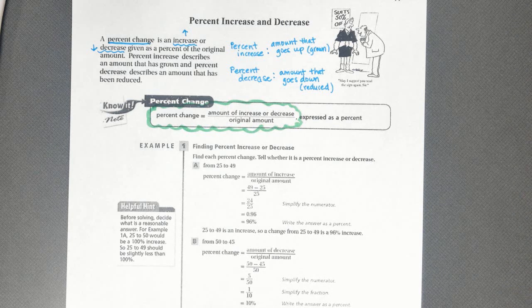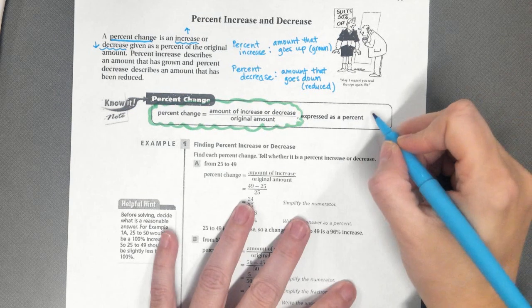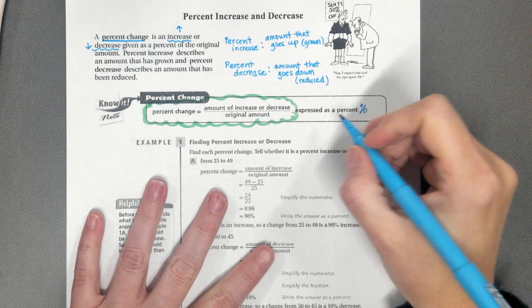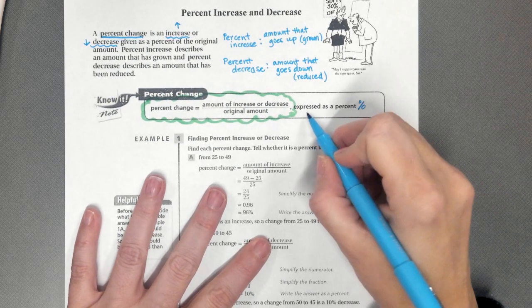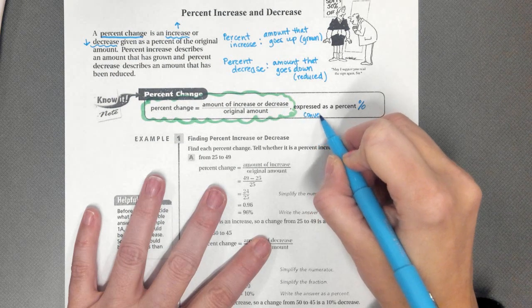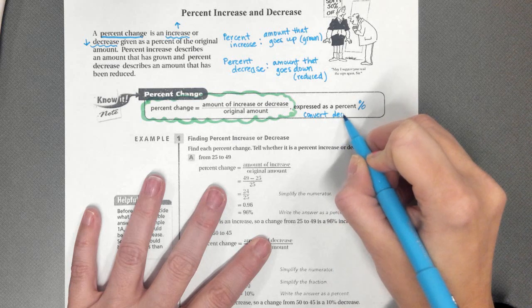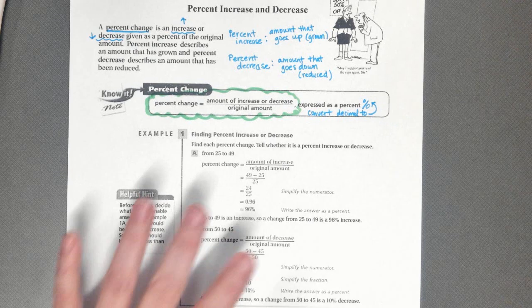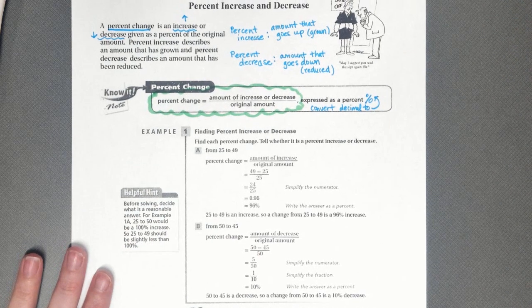And then we're going to express it as a percent. So what that means is you're going to have to convert decimal to percent. That's what that means. Okay?